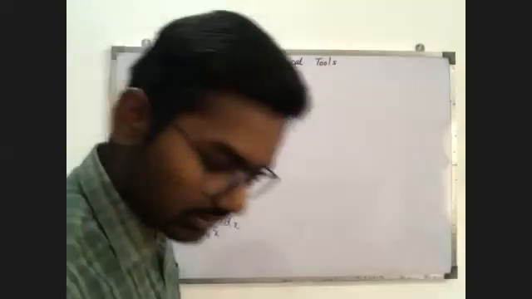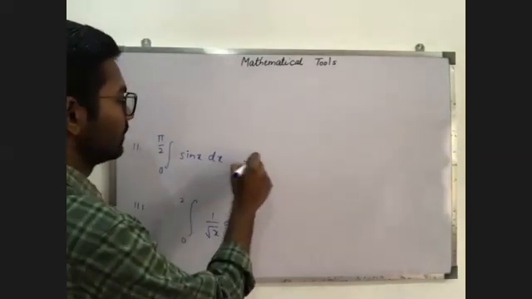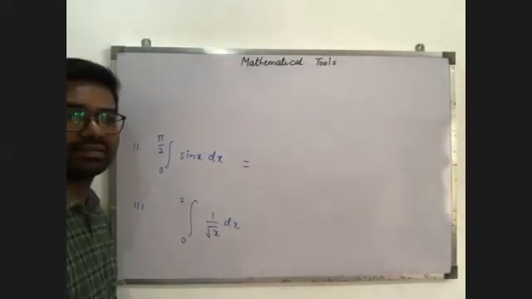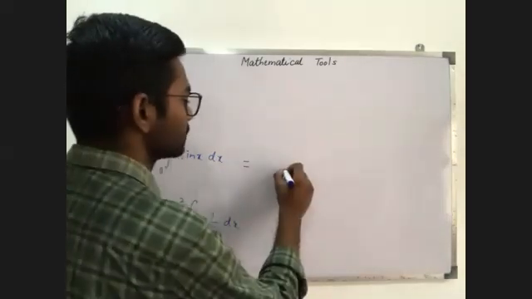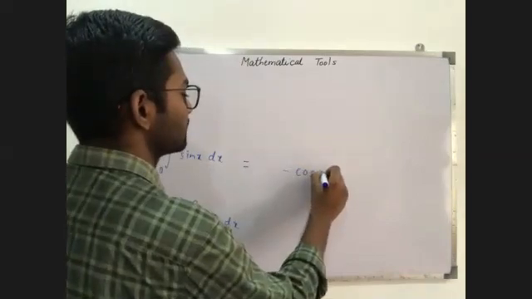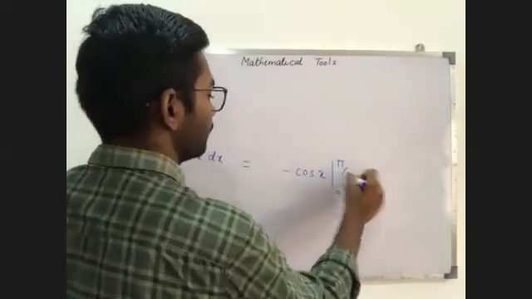Now, second one, integration of sin x dx. Can anyone tell me what is the integration of sin x? It is minus cos x. So minus cos x from 0 to pi by 2.